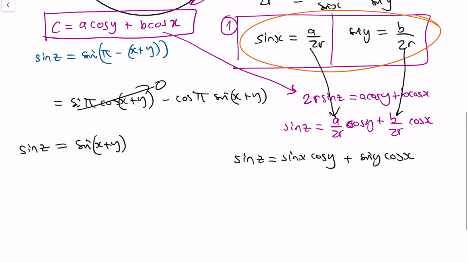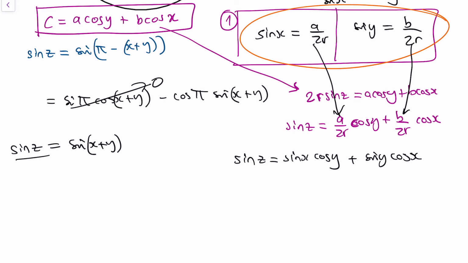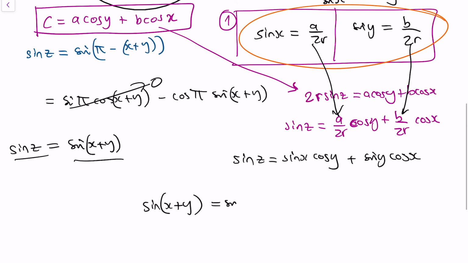But we know that sin z is equal to sin(x+y). That means we have sin(x+y) is equal to sin x cos y plus cos x sin y. And this is what we wanted to prove.